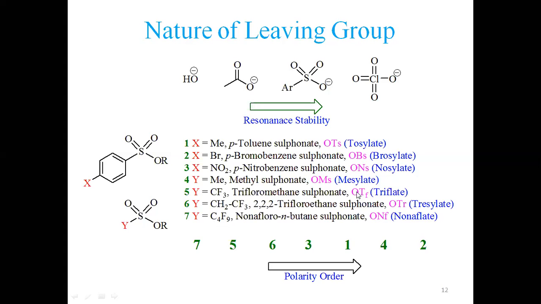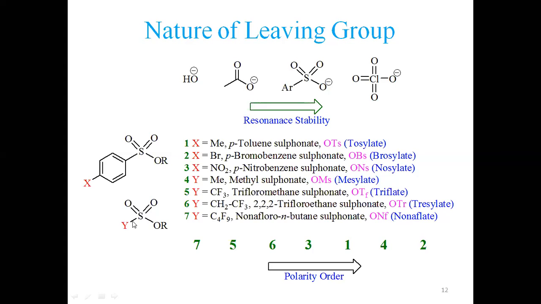You see triflate, OTf, is trifluoromethane sulfonate. F stands for fluoro, and trifluoro means CF3. And in ONf, nona means nine fluorines, which is C4F9. So this is triflate and nonaflate. Nonaflate contains nine fluorines, which is most electron withdrawing.